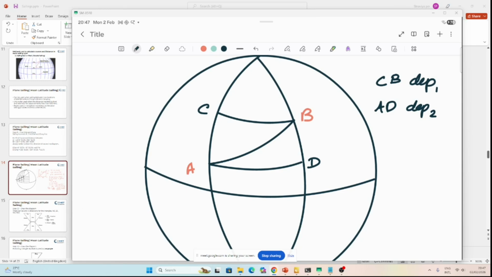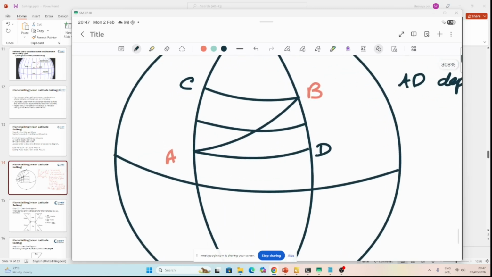Okay. So in that case, what we do is we are going to find out the mean latitude between A and B to find out the departure. But the problem is this does not represent the actual departure.